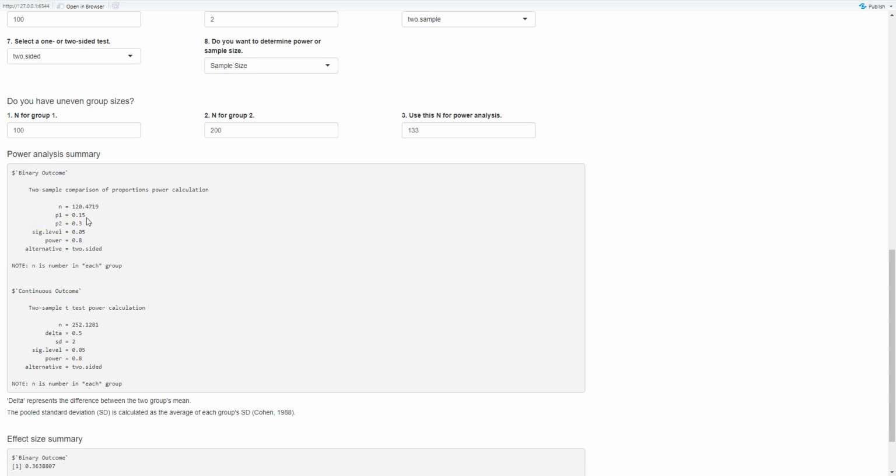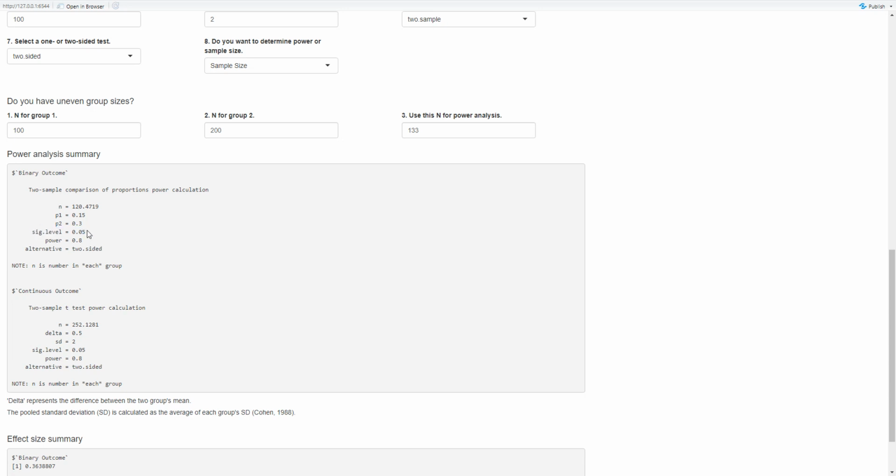In this case, the proportion for group 1 we're anticipating at 0.15, and the proportion for group 2 we anticipate it will be 0.3. We also define a significance level or an alpha level. This tells us at what level we are willing to accept that there may be an error.